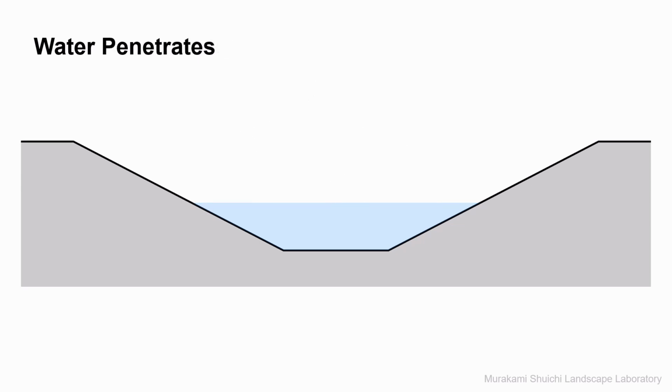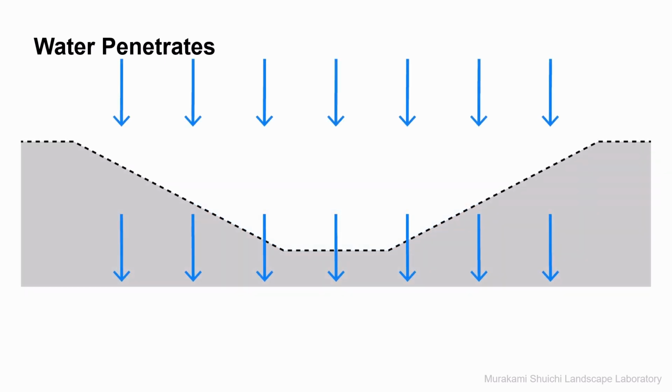However, for water to accumulate, the ground must hold water well. If the ground is highly permeable, water will be less likely to accumulate. This ground property has attracted public attention in recent years because of its relevance to reducing urban flooding.